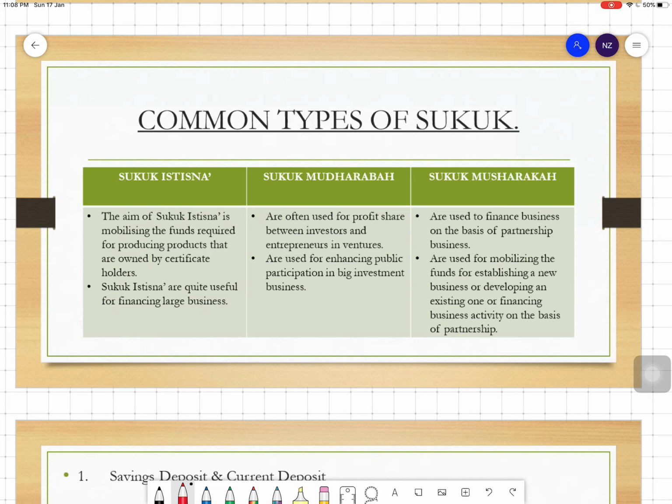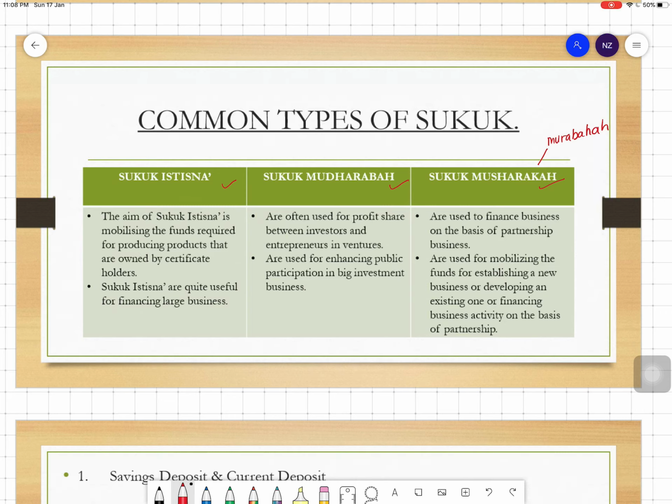We have 3 types of suku. One is istisna, mudarabah and musyarakah, and another one is murabahah. And secara detailnya kita dah belajar dah keempat-empat suku ni dalam chapter 8, kan?